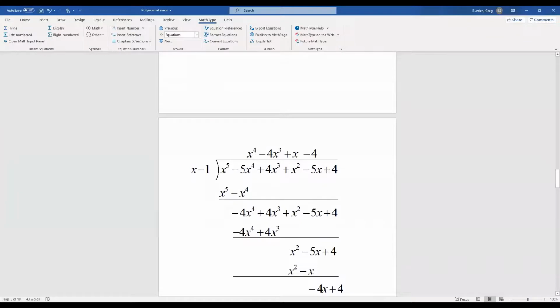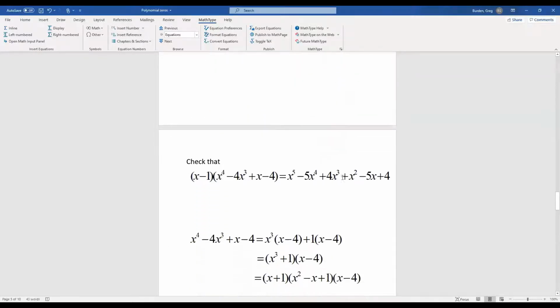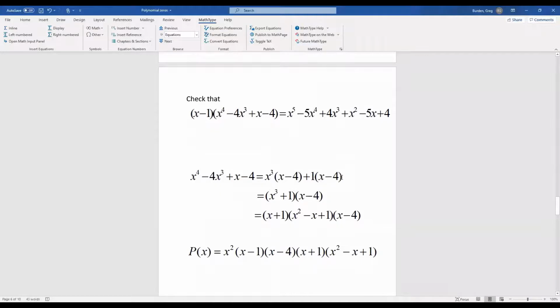X to the fifth minus 5x to the fourth plus 4x cubed. 1, negative 5, 4 coefficients. Here, 1, negative 5, 4. Same coefficients. So you should maybe go back and think about that and see how you could have factored out the x squared minus 5x plus 4 back at that stage. But if you don't want to think about that, you don't need to.